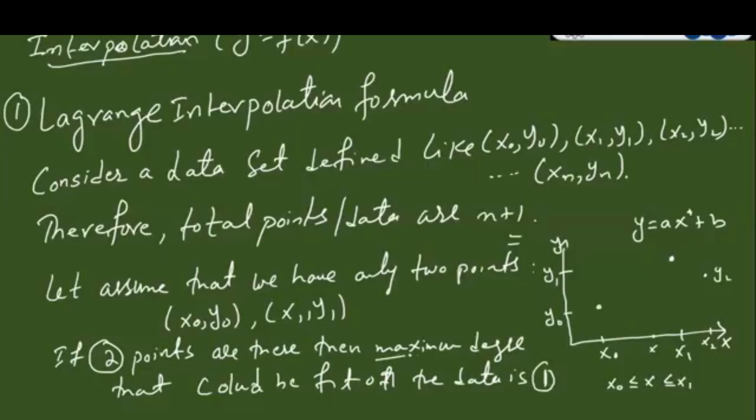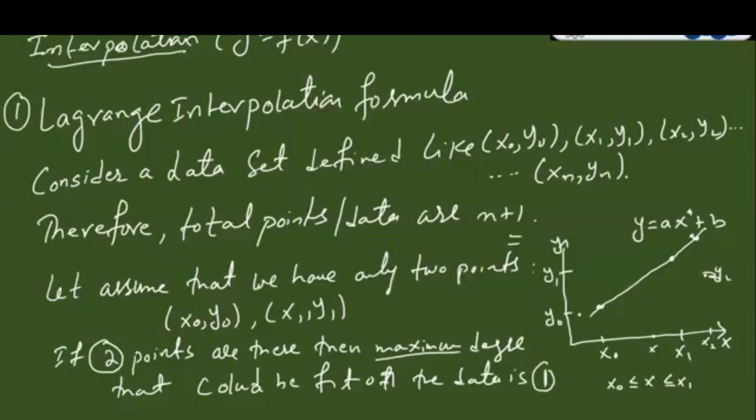Okay, keep in mind this word as well, maximum degree, because for example, if this y2 is not here, for example this y2 is here, according to our rule we know that there are 3 points, so the maximum degree of polynomial that I can use is degree 2, but we can see that all 3 points are on a straight line. So in this case, when all the points are on a straight line, however many points there are, if we try to fit any polynomial on this data, it will be a straight line, it has to be a straight line, else there is some mistake in it.